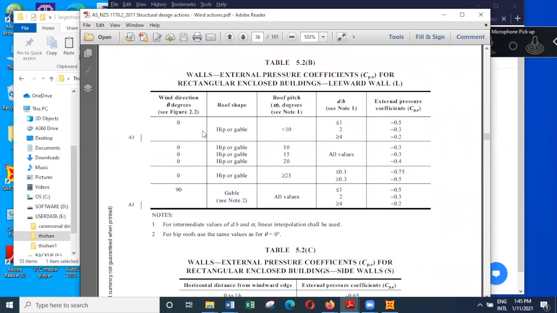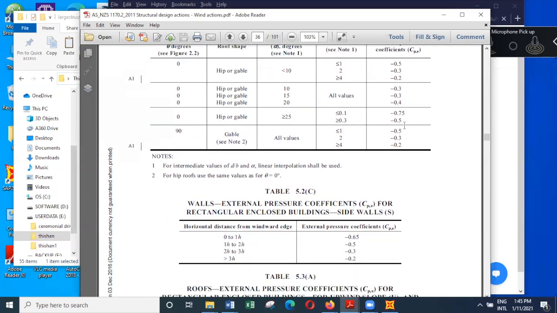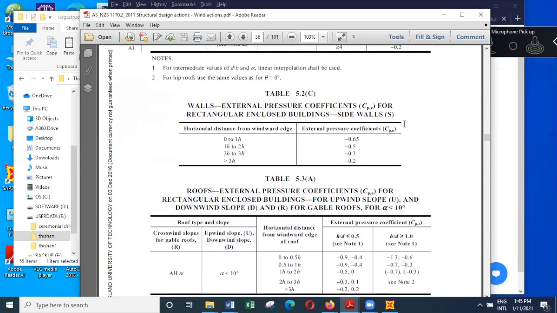And on the leeward face, you can see leeward face. On the leeward side, you can have different suction values depending on the ratios of the building. So I'll explain it a little later in greater detail.